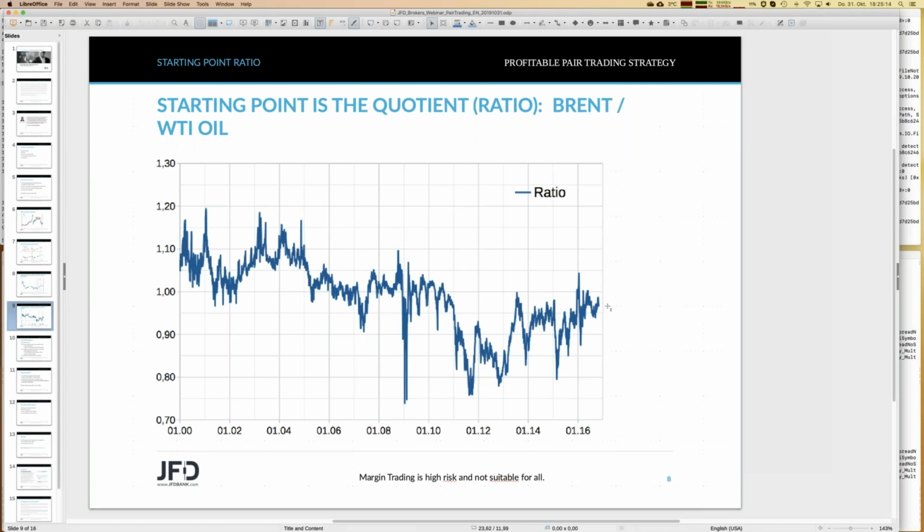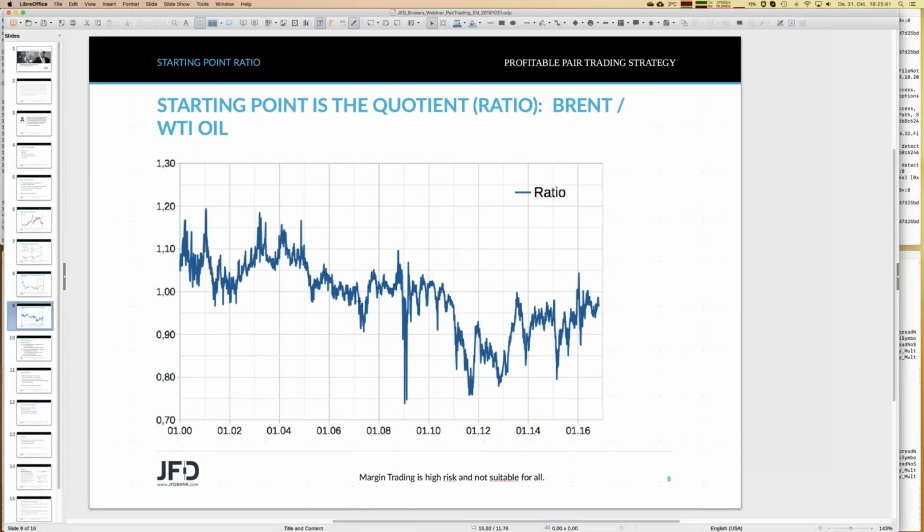So using 1 as a fair value will not work. We want this kind of strategy more on the short term. A couple of days should be our trading time, and not just years. So within that wiggling around, we should find our potentials.